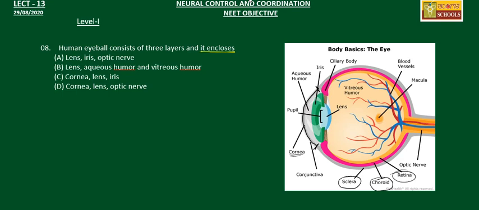The portion in front of the lens is the aqueous chamber, filled with fluid called aqueous humor, and behind the lens is the vitreous chamber, filled with vitreous humor. So the whole eyeball consists of aqueous humor, vitreous humor, and a lens present in between these two chambers.